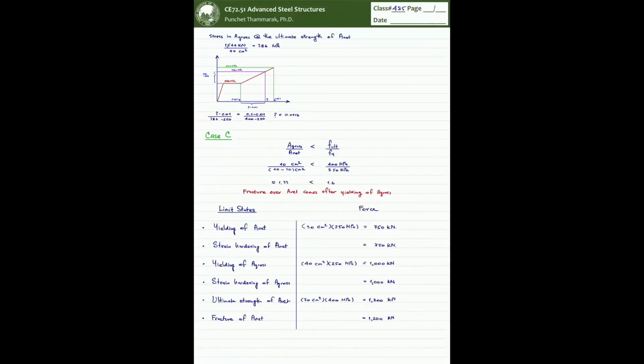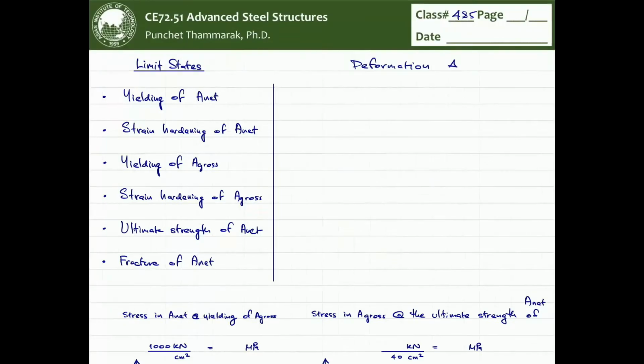Alright. Done with force. Now come down to deformation. So start with the yielding of A net. You have M25.